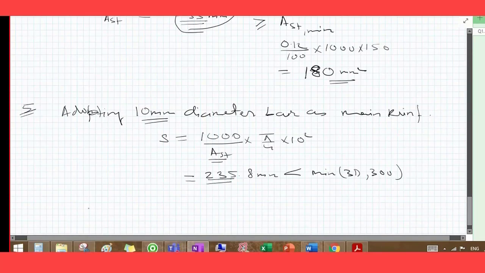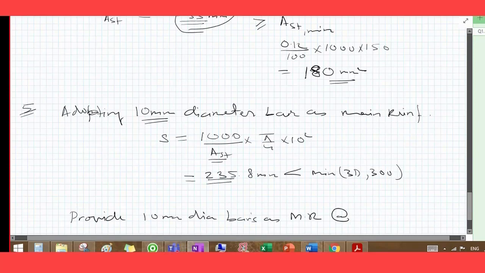So I'll write here, provide 10 mm dia bar as main reinforcement at, rather than going with 235.8, let us provide a spacing of 225 millimeter center to center. You can go with 230 mm center to center also.